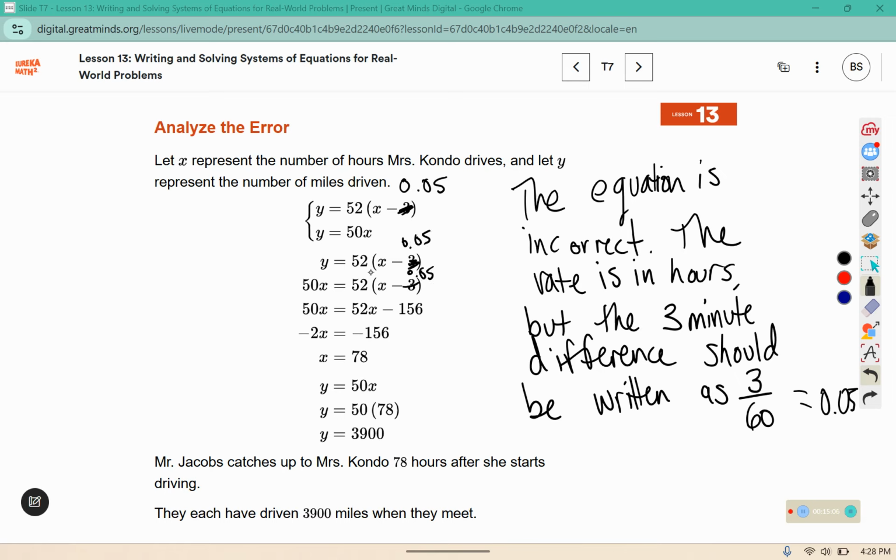So then we'll plug it back into the x value. 50 times 1.3 is 65. So Mr. Jacobs catches up to Mrs. Kondo 1.3 hours after she starts driving, and they have each driven 65 miles.